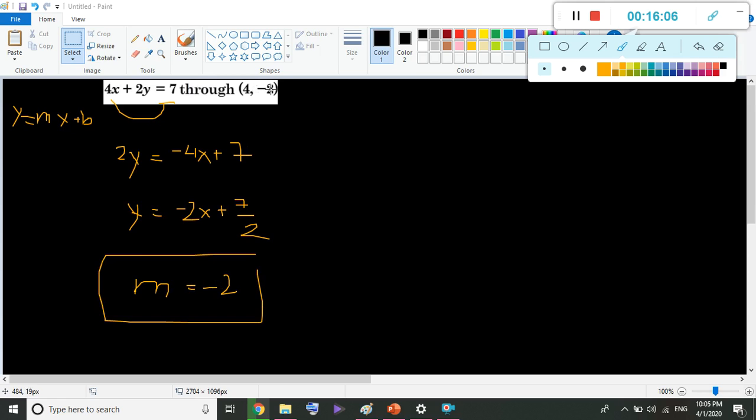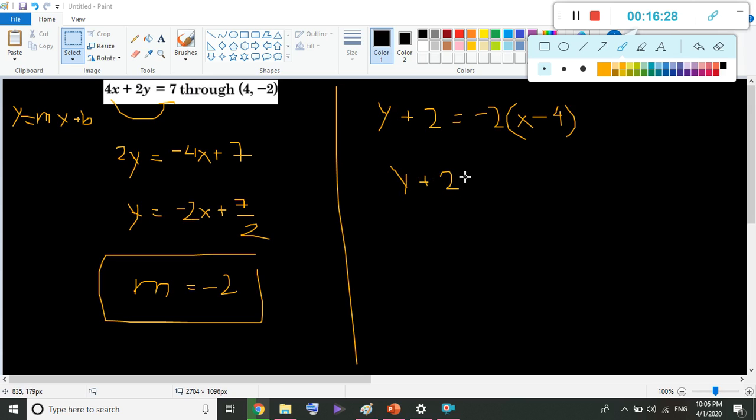And now we have the point here, so we're going to write it in point slope form. It's going to be y minus y1, which is negative 2, so it's going to be plus 2, equals the slope m, x minus x1. x1 here is 4. Then we're going to simplify it to find the answer in the slope intercept form.